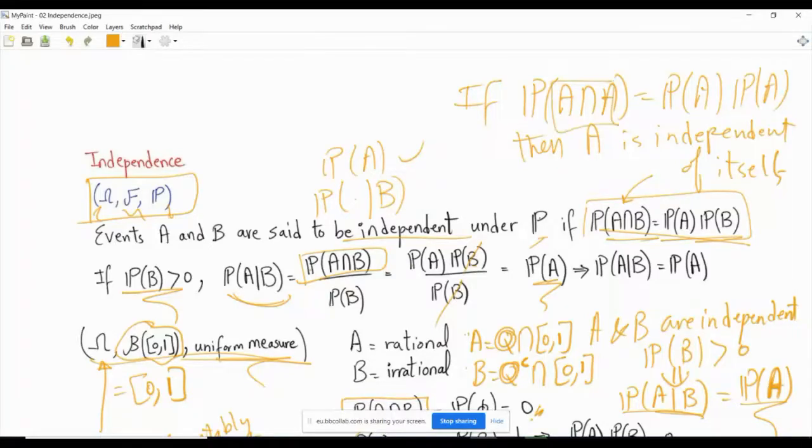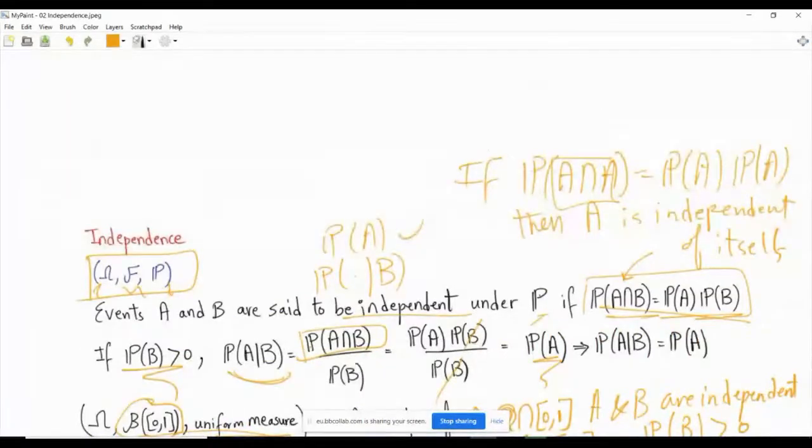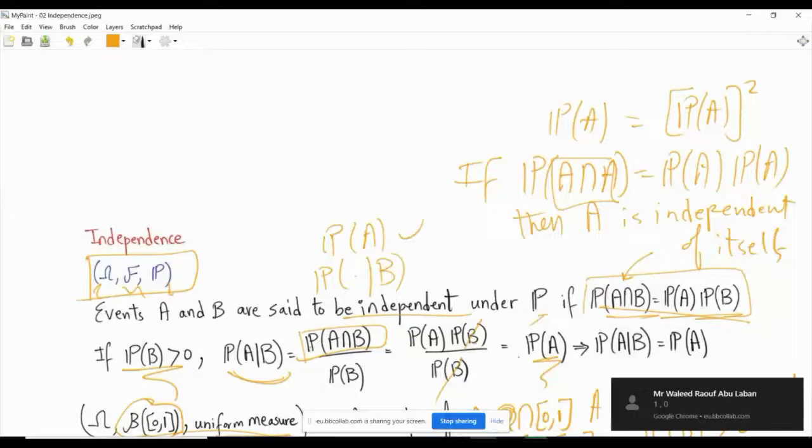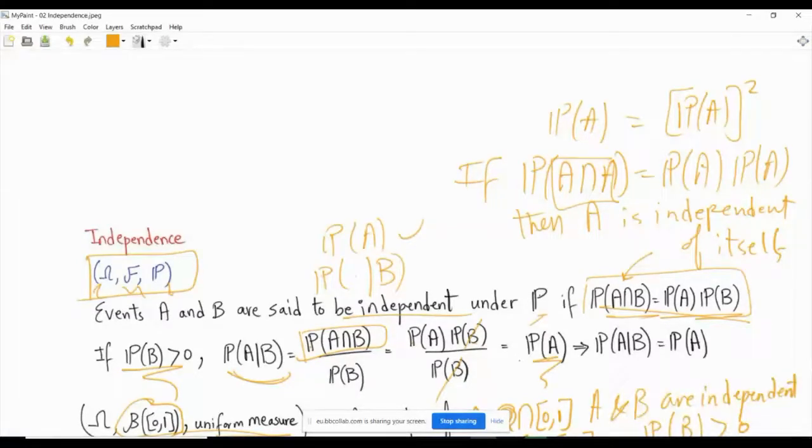What is A intersection A? It's A itself. So the probability of A is equal to the probability of A squared. For real numbers, what are the numbers for which the number is equal to its square? We have two solutions, exactly, 0 and 1. That's it. So yes, events that have probability 0 or 1 are independent of themselves.